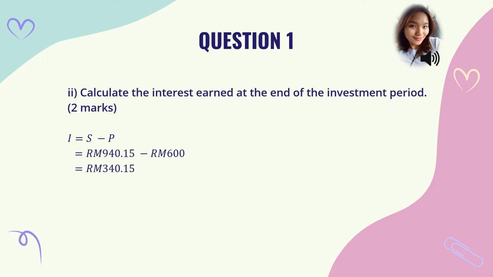We will be using the compound interest formula, which is I equals to S minus P, where S equals to RM940 and 15 cent minus P, which is equals to RM600. After we minus these two values, we will get the total interest, which is RM340 and 15 cent.